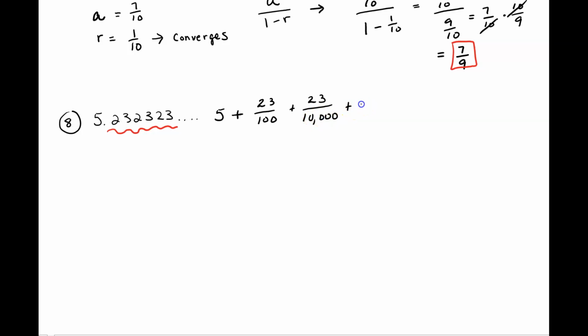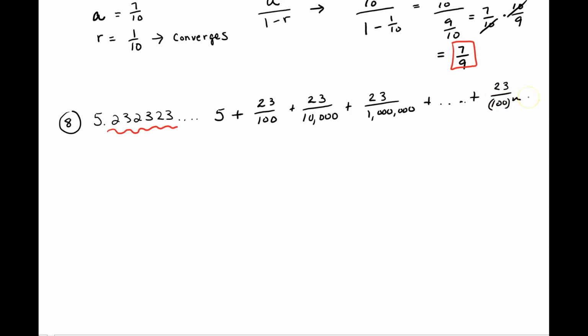Plus, and then again multiplied by another factor of 10, that's 23 1,000,000ths. And I'll write it like that. So what we're doing here is generating this 23 over a power of 100 to the n.